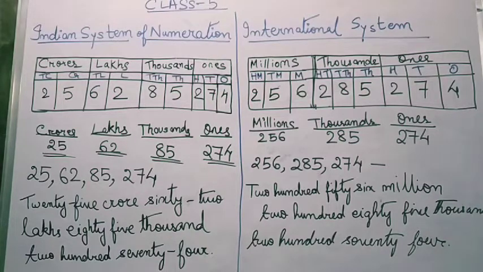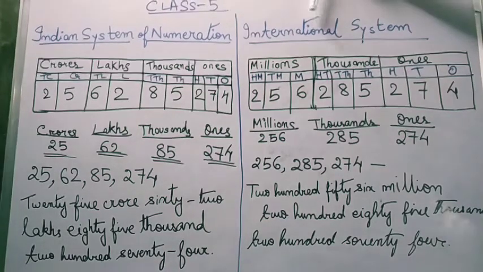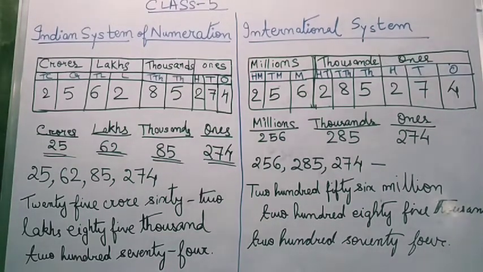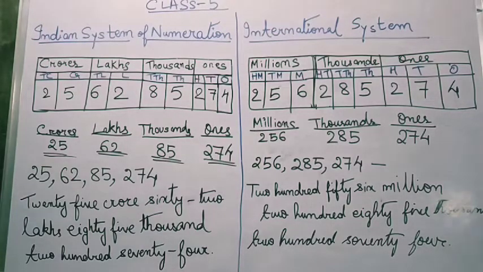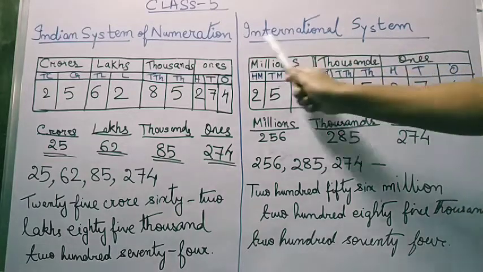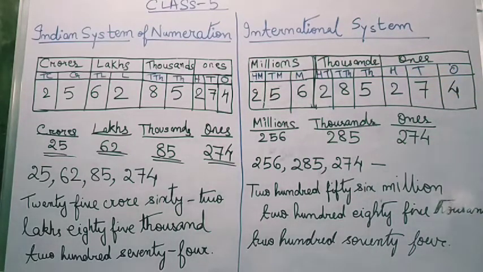Now, how will you write in international system? Pay attention here. What is the difference between Indian system and international system? Okay. Now, this is the place value chart of international system.